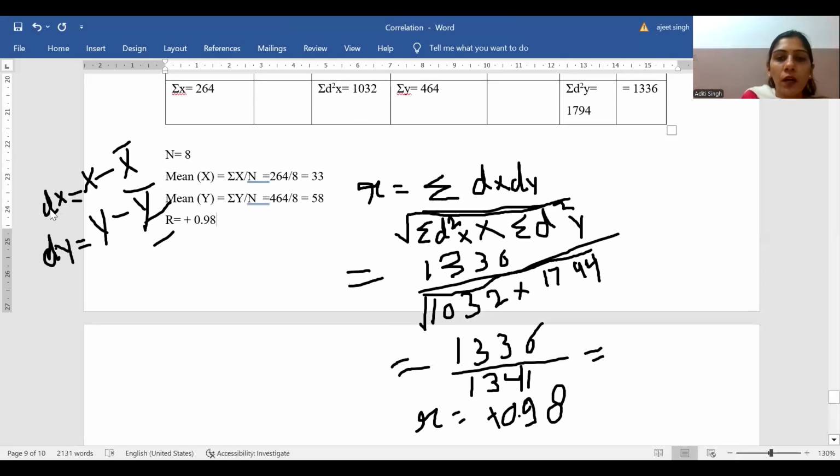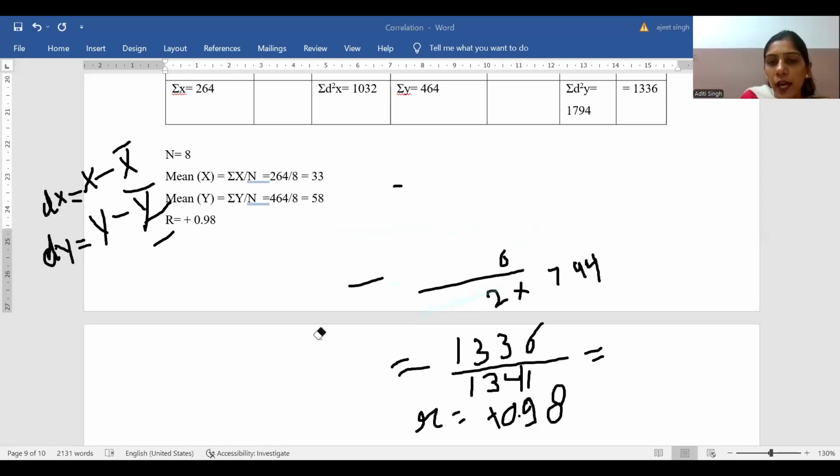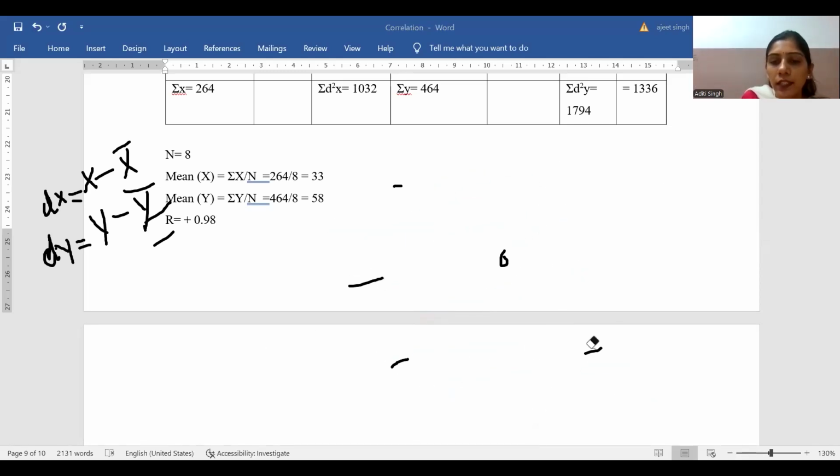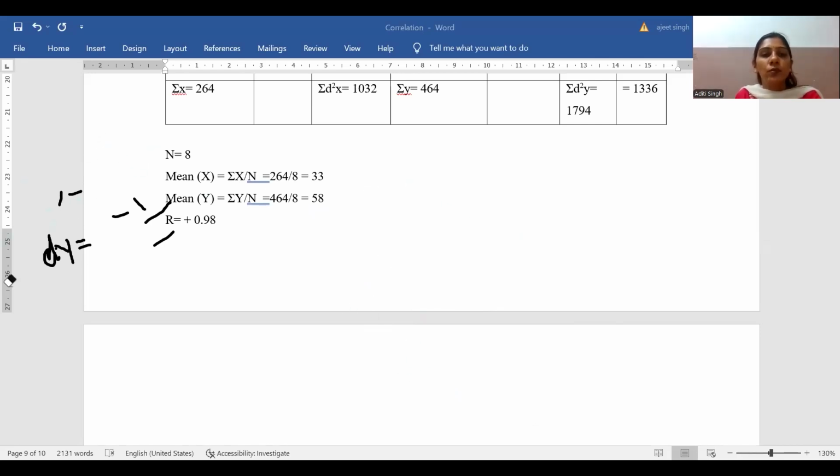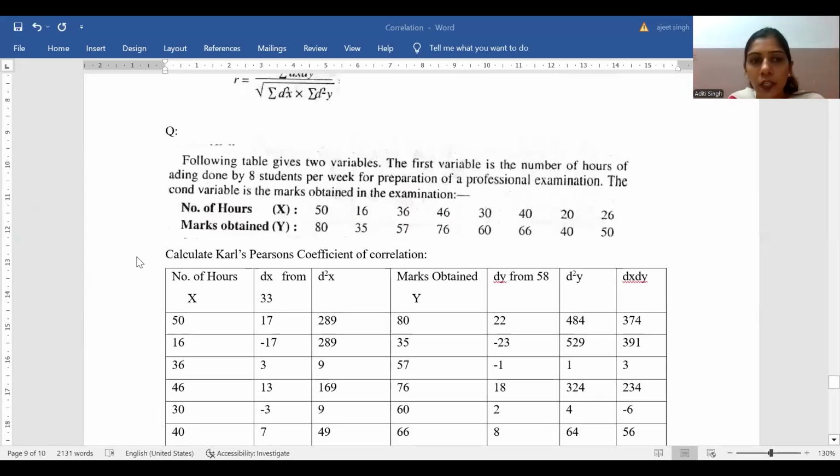the variables show a positive correlation, and we can say that it is a high positive correlation, as the value is near to 1, which is 0.98. So there is a very good correlation between the two variables, number of hours and marks obtained. As a student gives more hours to the preparation of the exam, he will score good marks.